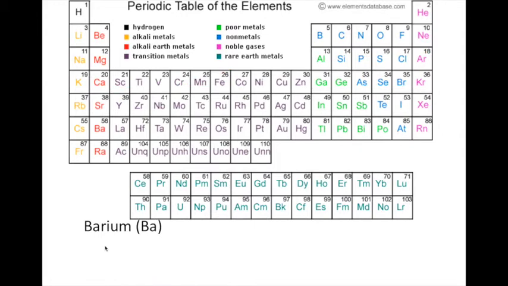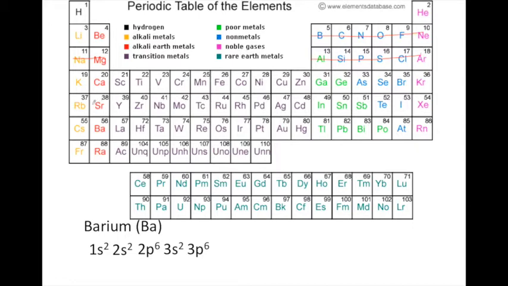Let's practice barium. Okay. So for barium, again, we're going to start with 1s2. After that, we drop down and fill 2s2. After that, we go over and start filling the 2p, 2p6. Then we drop down and begin filling the 3s, 3s2. After 3s, then we come over and fill up the 3p orbitals, 3p6.